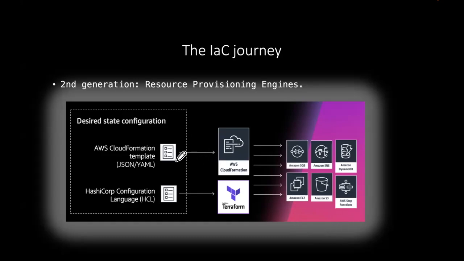So this CloudFormation template, you upload that to the CloudFormation service, and it takes care then of all of the messy stuff associated with communicating with the individual services for the purpose of creating the infrastructure that you have declared here.